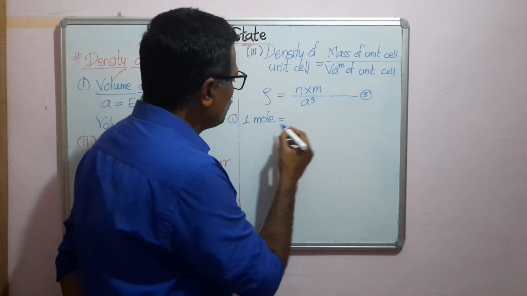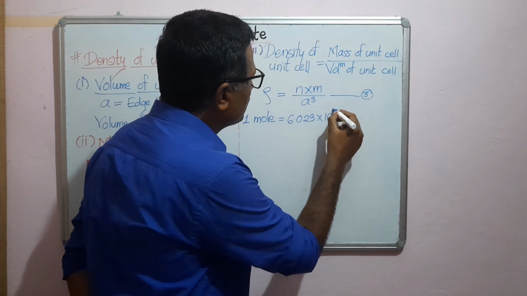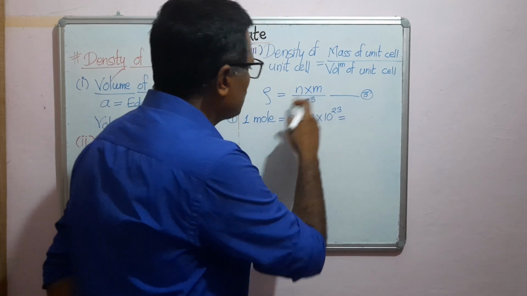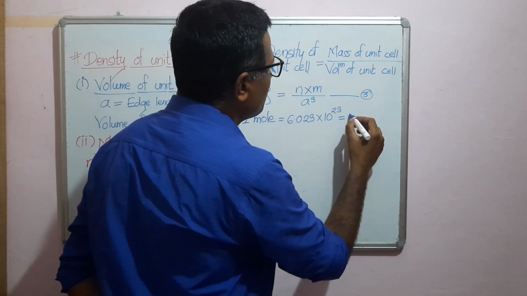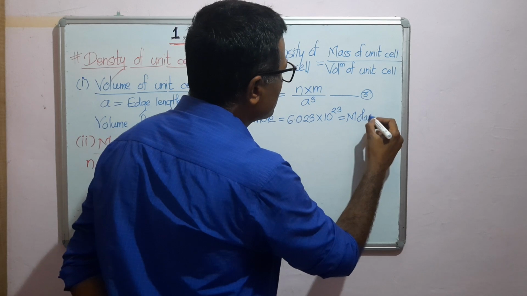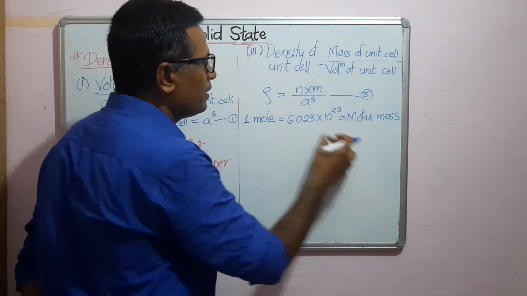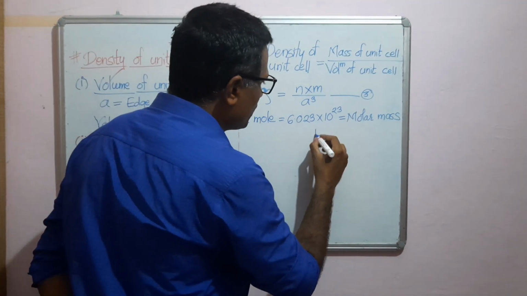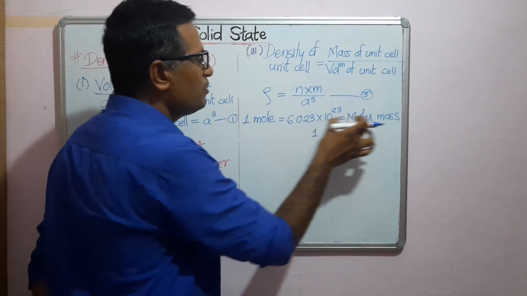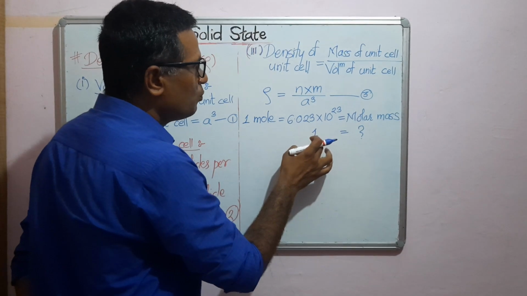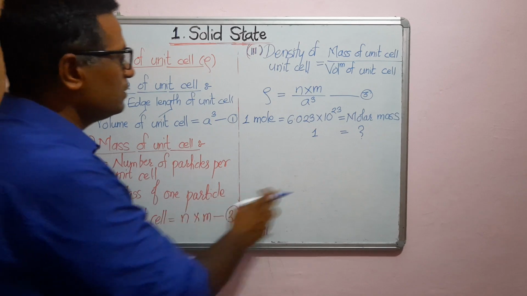One mole is equal to 6.023 into 10 to the power 23 particles, that is the Avogadro number, and this many particles have a mass equal to the molar mass. So what is the mass of one particle, small m?